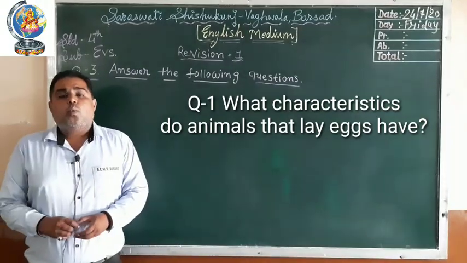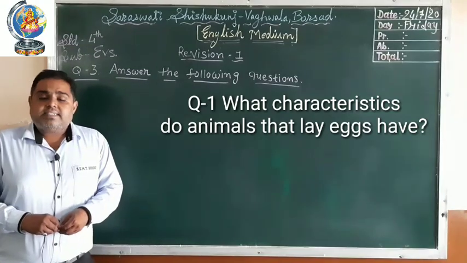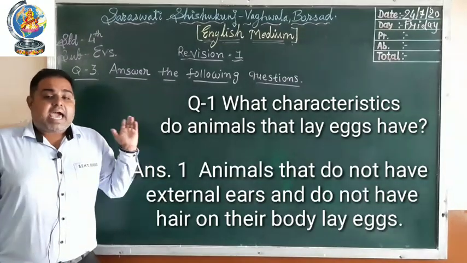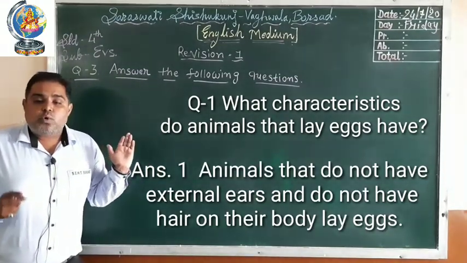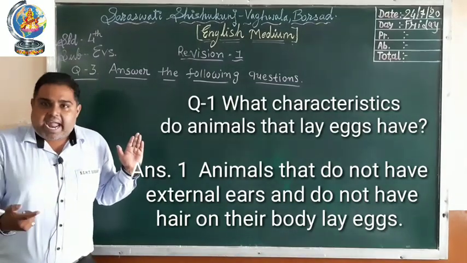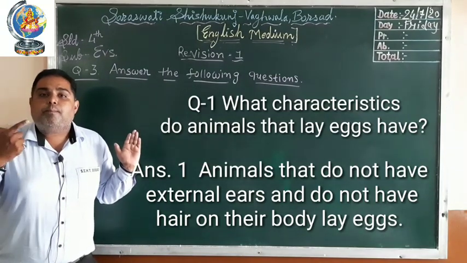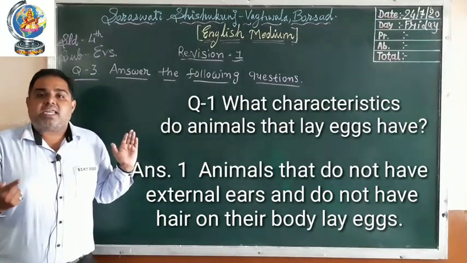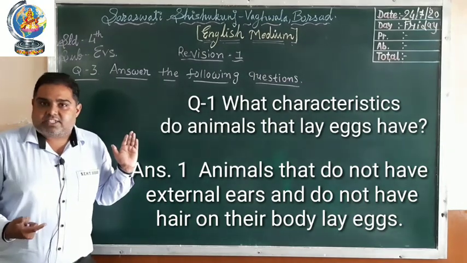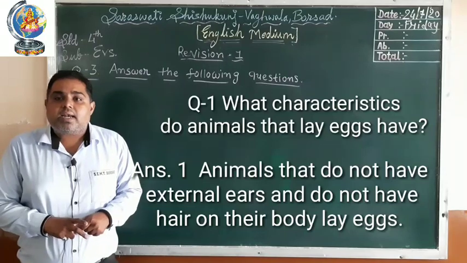It is very simple. The answer is that animals that do not have external ears and do not have hair on their body, those animals lay eggs. Only two things you have to remember here.